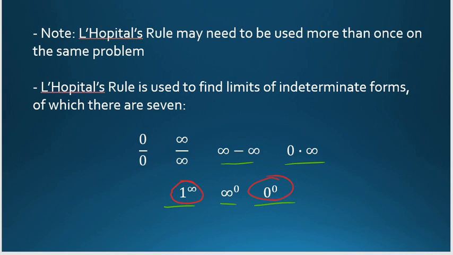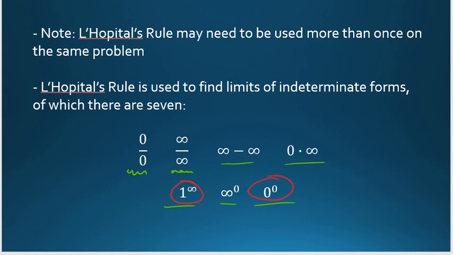But what we can do is some algebra or just some working with the function that we're given, and we can transform it into one of these two forms here. And then once we have it in that form, we can then use L'Hopital's rule. But as far as what you'll see from me, you will just be seeing limits that are in the first two forms there underlined in squiggly green.